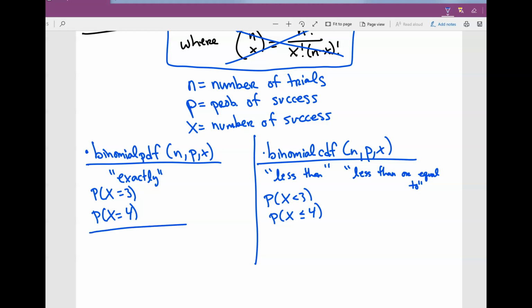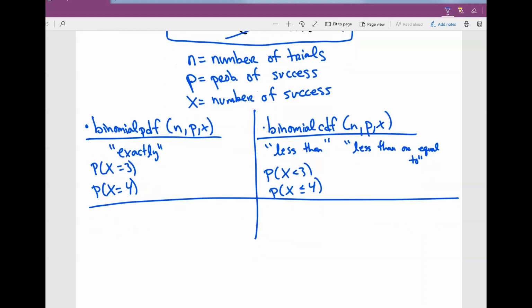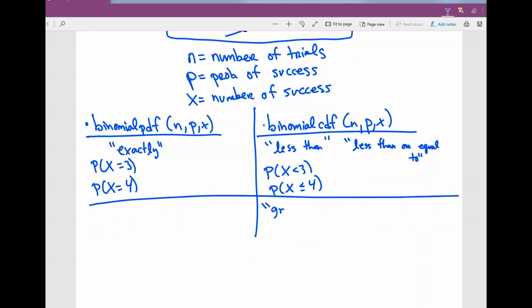Now you might be wondering, what about greater than? If you have something that's greater than or greater than or equal to, the probability of x being greater than or equal to some number, maybe a, you can't quite do that in the calculator.